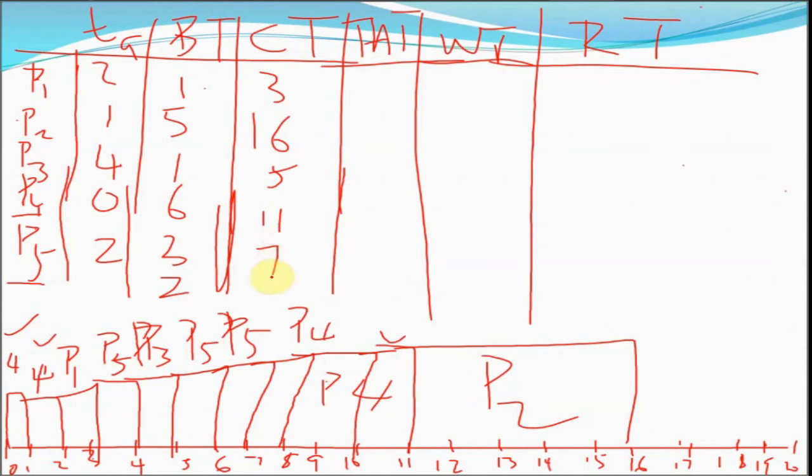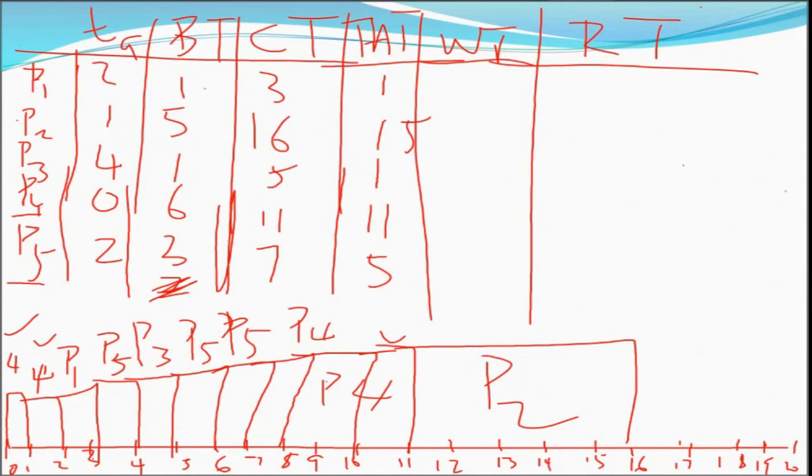So now, turnaround time. Yes, let's call the figures. Waiting time is turnaround time minus burst time. Okay, waiting time is what? Turnaround time minus its burst time.